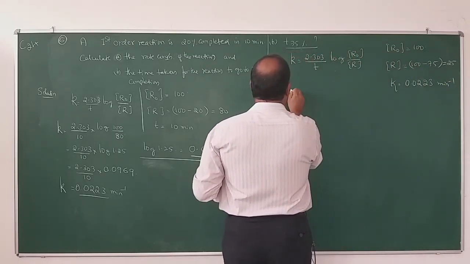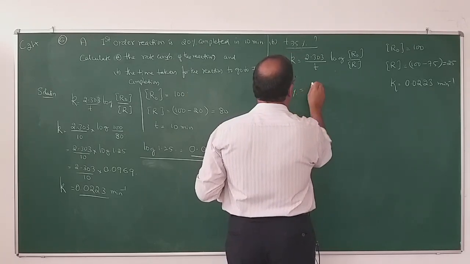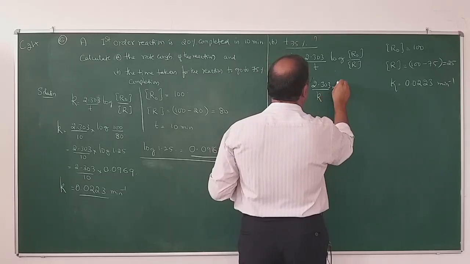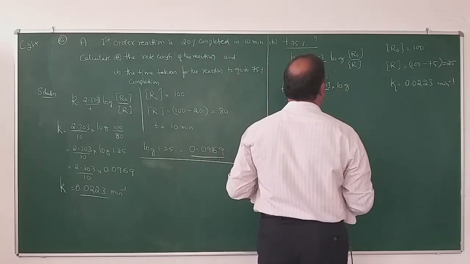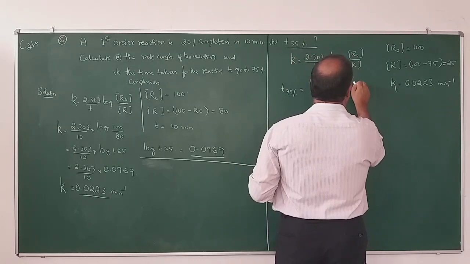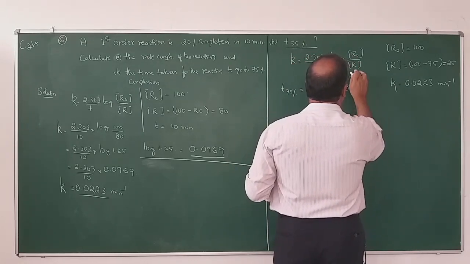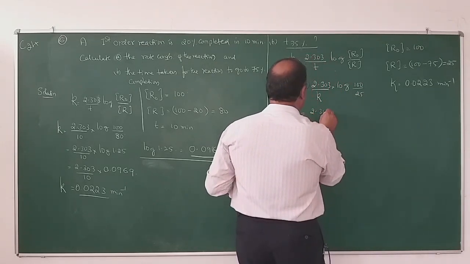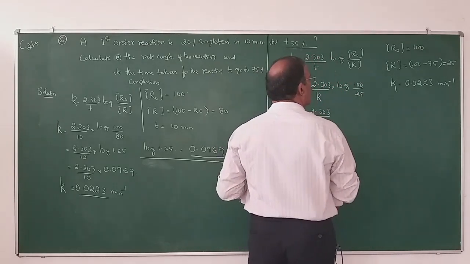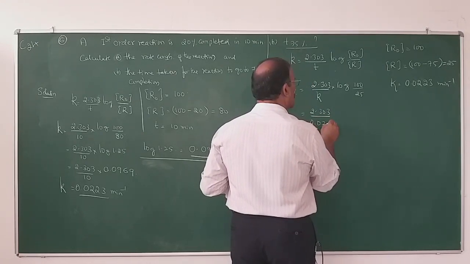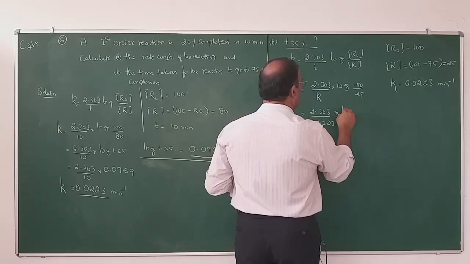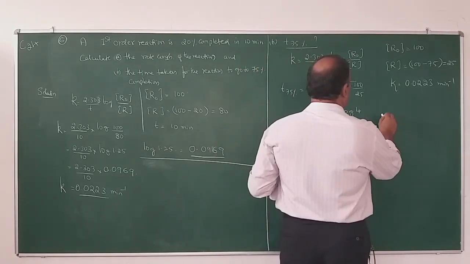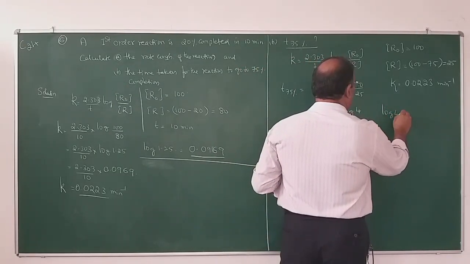So time for 75% is equal to 2.303 divided by K into log of R naught divided by R. R naught equals 100, R equals 25. This equals 2.303 divided by 0.0223 into logarithm of 4. What is the value of logarithm of 4?